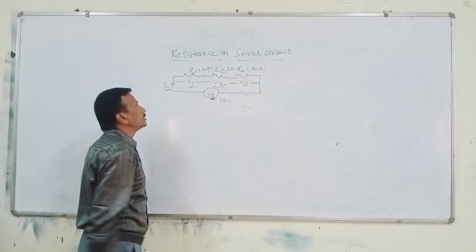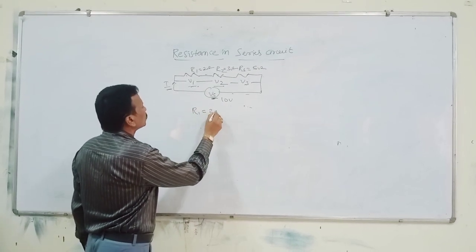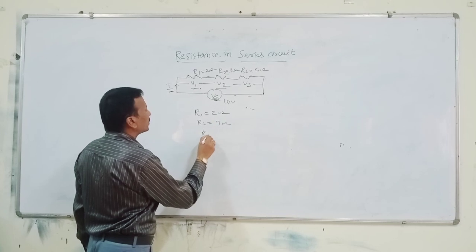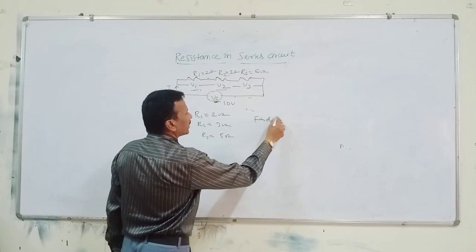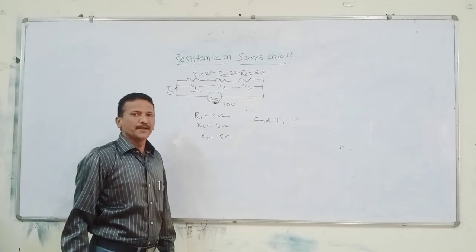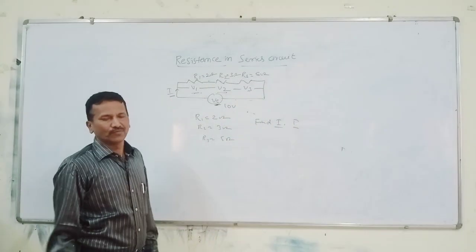The resistance units are ohms. R1 is equal to 2 ohms, R2 is equal to 3 ohms and R3 is equal to 5 ohms. Find the current as well as the power. We will find these from the above formulas.